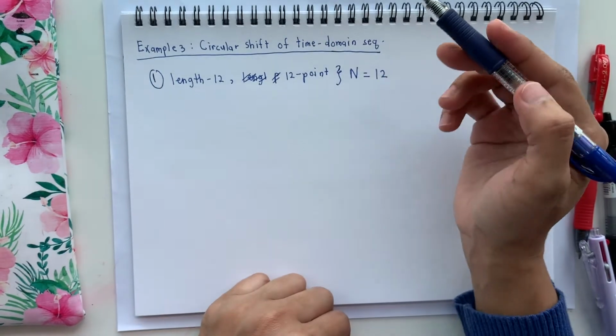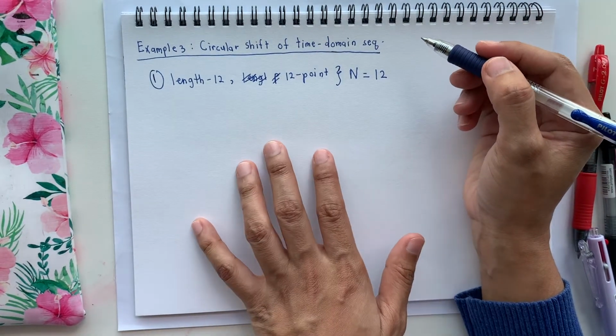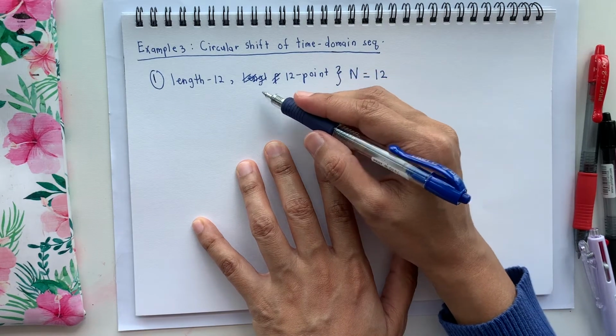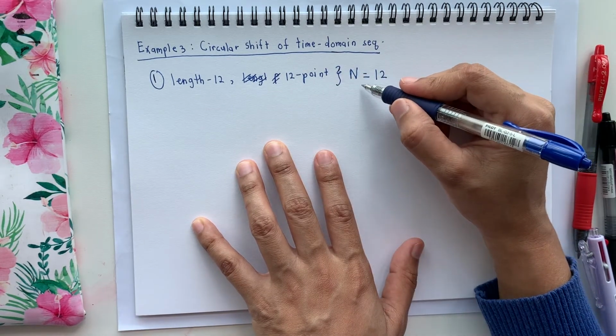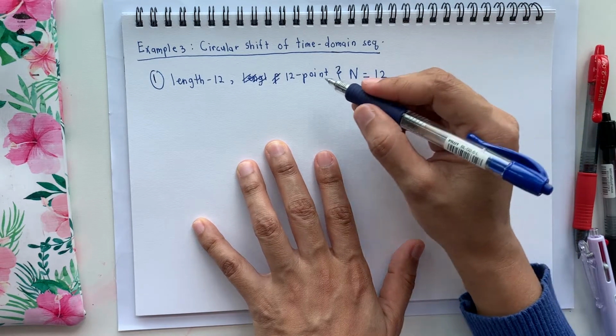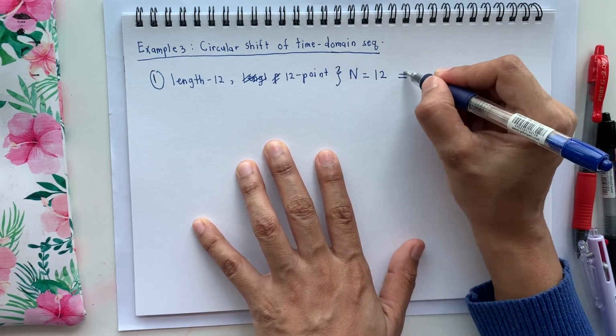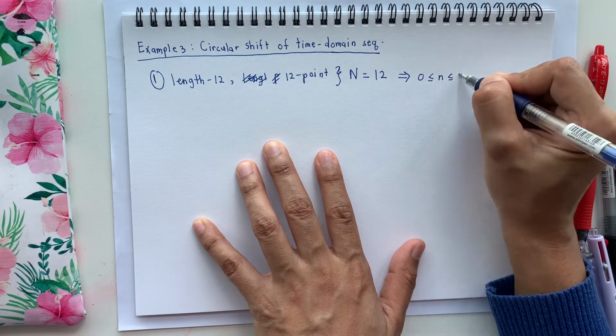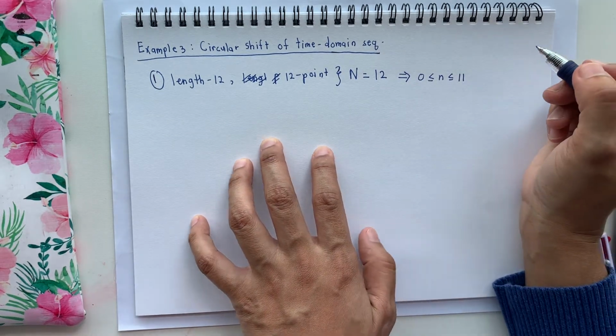So how to answer this question? Length 12 point describes capital N equal to 12, and from here we also know that the range of the sequence is from 0 to 11.